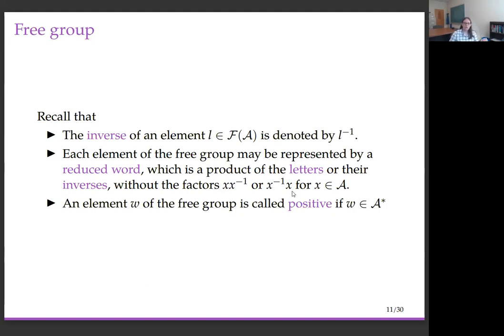So the only reduction that we apply on a word is that we don't allow a letter and its inverse following each other. And an element of the free group is called positive if it is an element not of the free group but of the monoid.